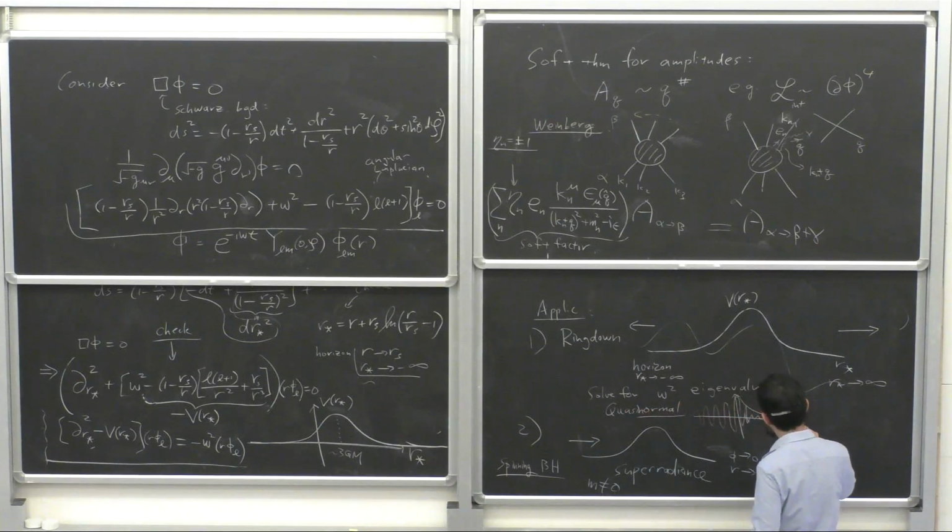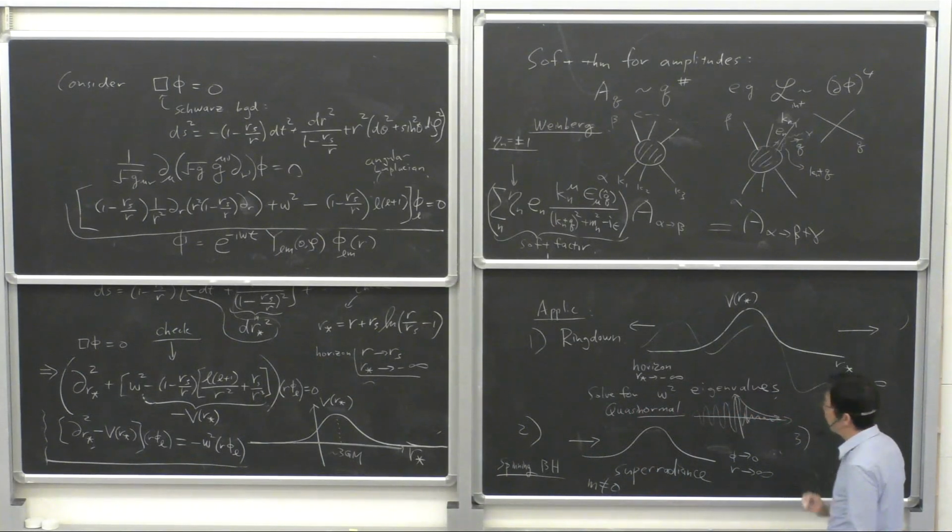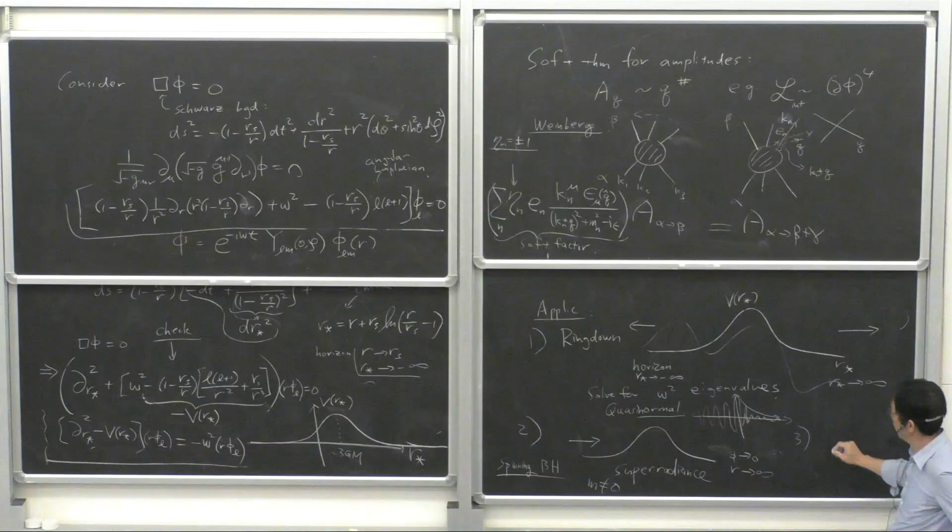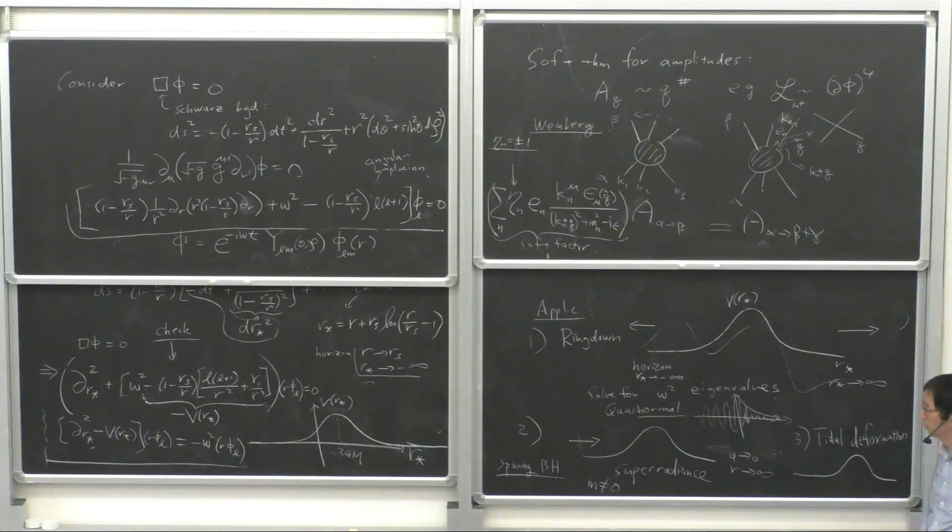I'll just end here and I'll elaborate tomorrow. Lastly, you can use this equation to study tidal deformation. So I'm going to draw the potential again, the tidal deformation. So imagine you have a black hole. This is your black hole. But imagine there's some star around it or another black hole around it.